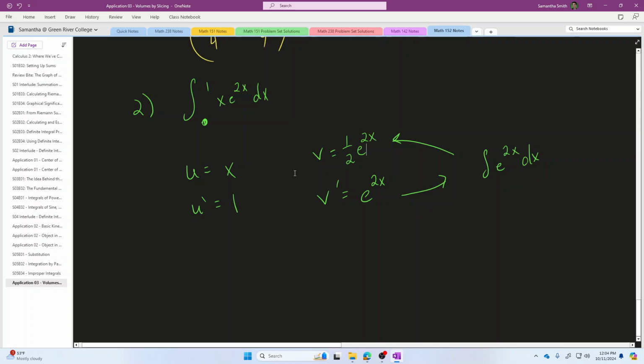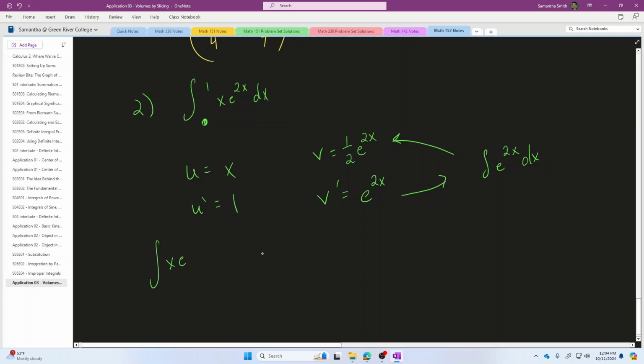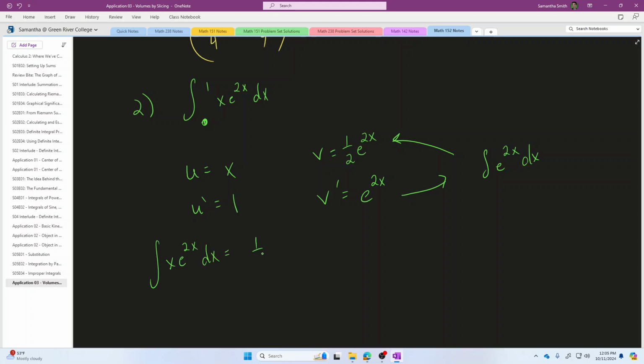Now, if I put this information together into my integration by parts formula, it says that the integral of x times e to the 2x is equal to 1/2 x e to the 2x minus the integral of 1 times 1/2 e to the 2x dx.